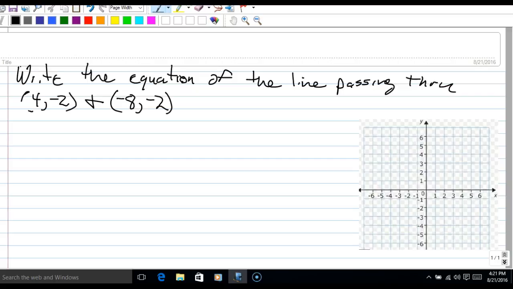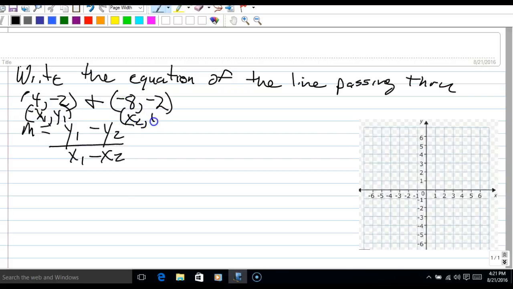So the first thing I'm going to do is compute the slope. So m is equal to y sub 1 minus y sub 2 over x sub 1 minus x sub 2. So again, designate one of these as x sub 1, y sub 1, and designate the other as x sub 2, y sub 2, and compute the slope.